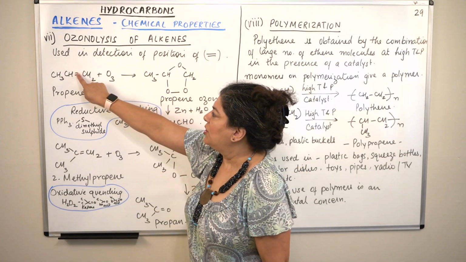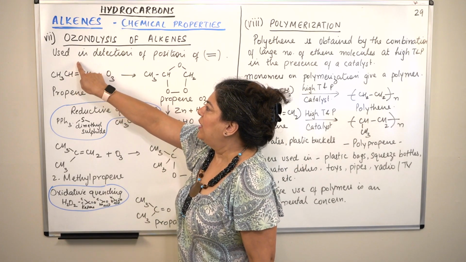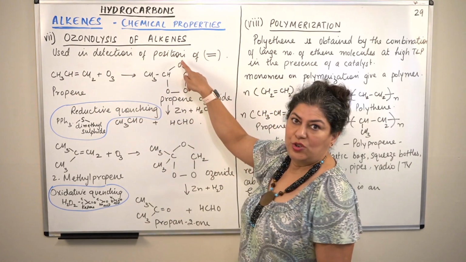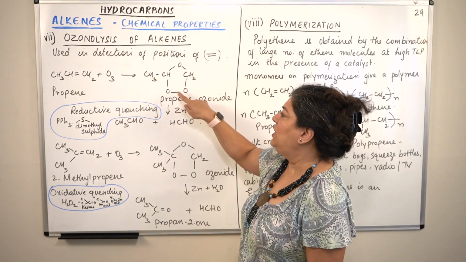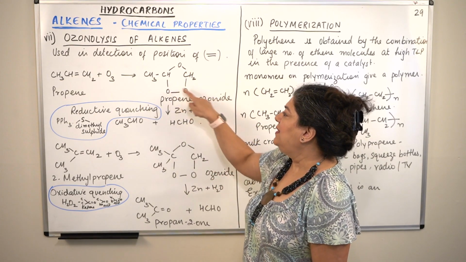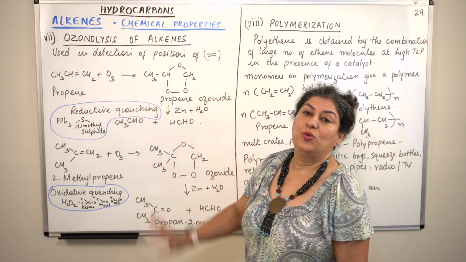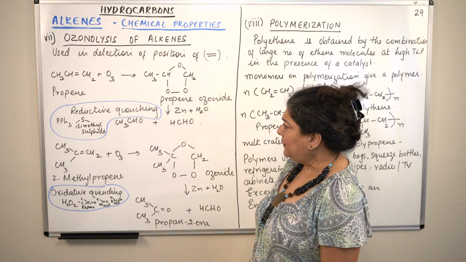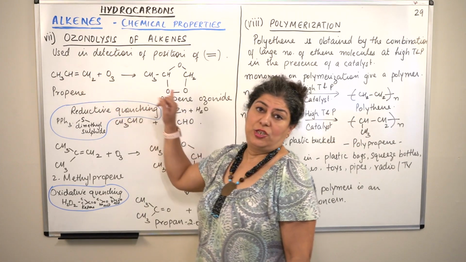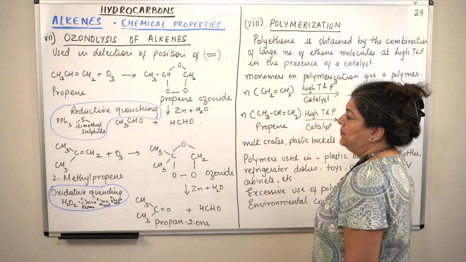So the two bonds break, the carbons make one bond each with oxygen on top, one bond each with two oxygens here, and these two oxygens form their bond. This structure is known as the ozonide. Since it was made from propene, it is known as propene ozonide.